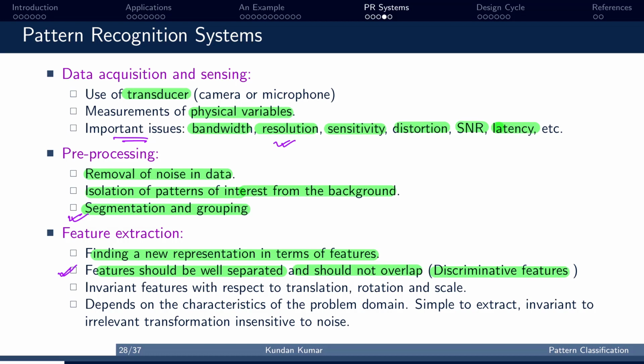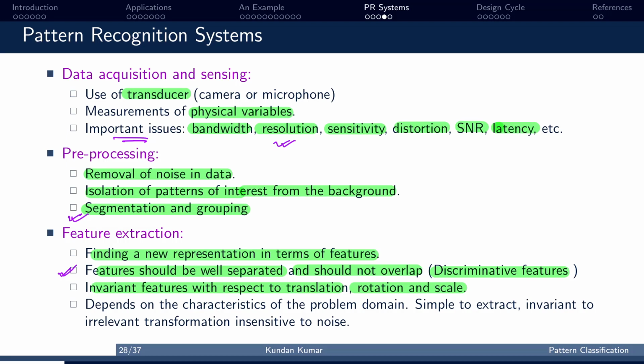Invariant features with respect to translation, rotation and scale. Whatever features we are extracting should be invariant to translation. That means if some object is at one place and we pick up that object and keep it in another place, that object is still to be recognized.